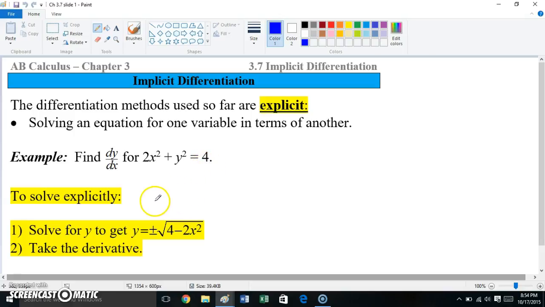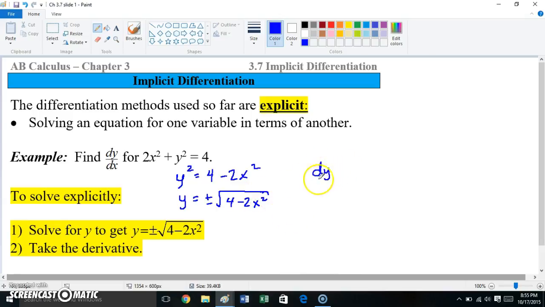solve explicitly for y. So y squared would equal 4 minus 2x squared. We would isolate y with the positive or negative square root of 4 minus 2x squared. And then we would be able to take the derivative.